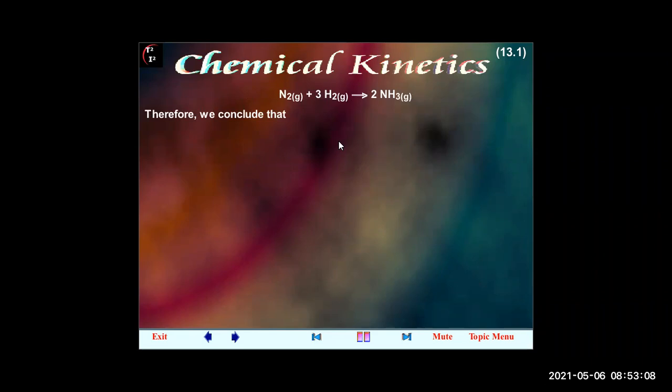Therefore, we conclude that negative change in concentration of H2 divided by delta t is equal to negative 3 times the change in concentration of N2 divided by delta t, and change in concentration of NH3 divided by delta t is equal to negative 2 times the change in concentration of N2 divided by delta t.